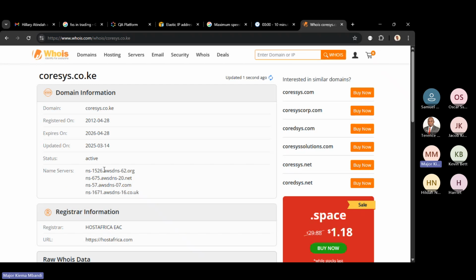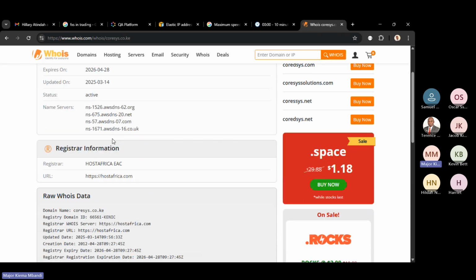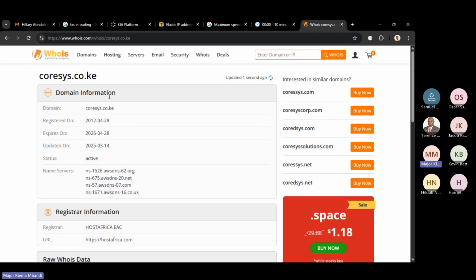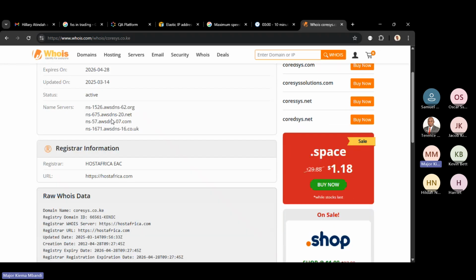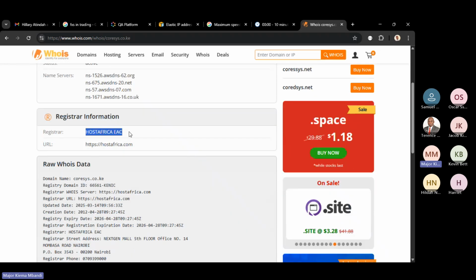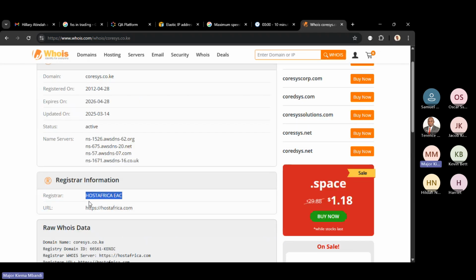For this one, I can know that this domain is being managed by AWS. It's not guaranteed that it was registered by AWS, because you can see here the registrar. Since it's a co.ke, AWS does not support registering local domains like co.ke, so it was registered by HostAfrica. But it is not being managed by the registrar, it's being managed by AWS. The reason is you can see the awsdns servers.